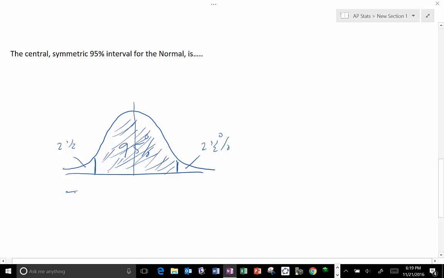So we look up either phi to the minus 1 of 0.025 or for the top tail phi to the minus 1 of 0.975, 2.5% above, so 97.5% below, and we find out that the magic number for this is 1.96 and minus 1.96.